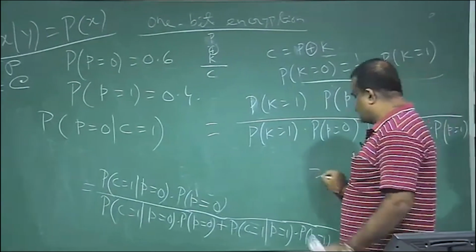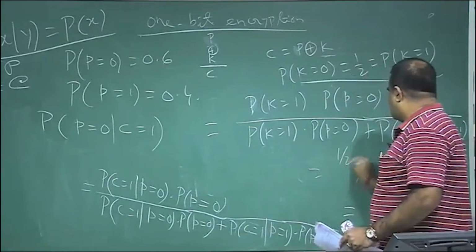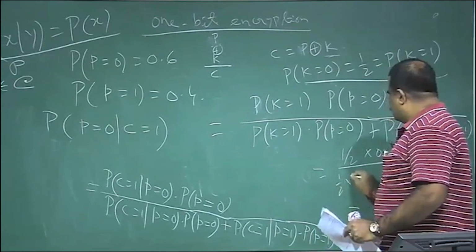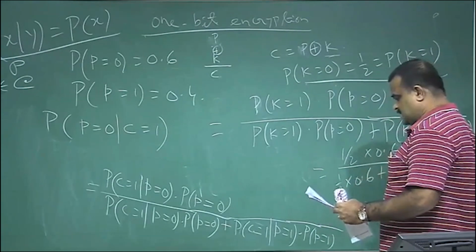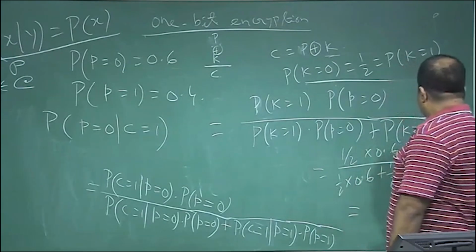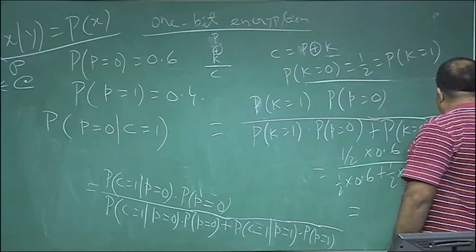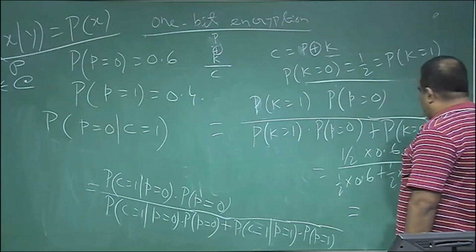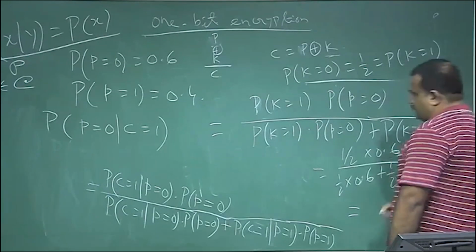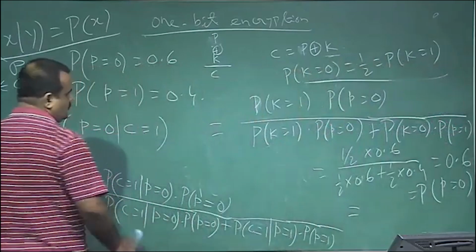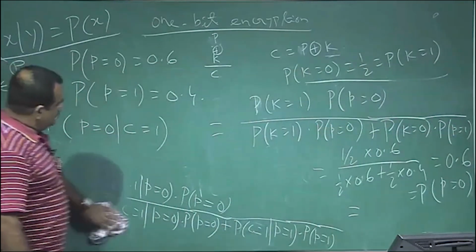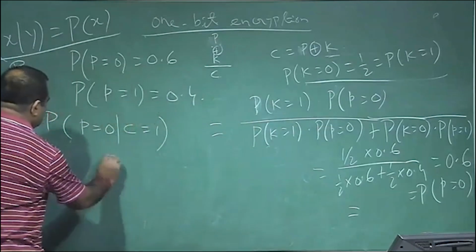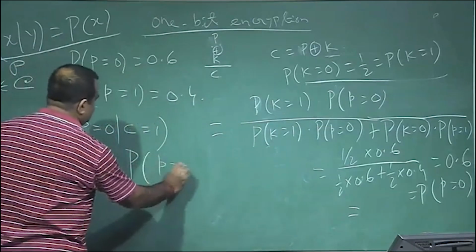So, if you just put in the values, this is basically half into 0.6 divided by half into 0.6 plus half into 0.4. So, this is basically 0.6, which is same as the probability that P is equal to 0. Okay. So, basically we achieve the probability of P is equal to 0.